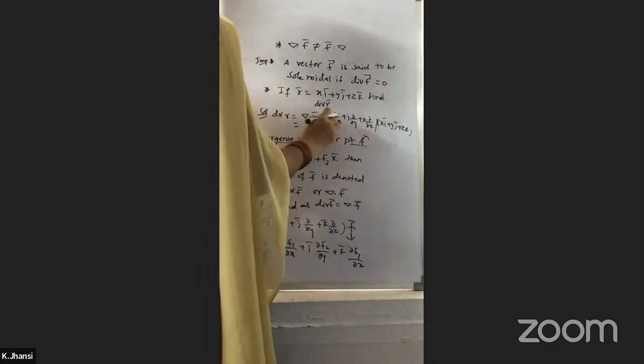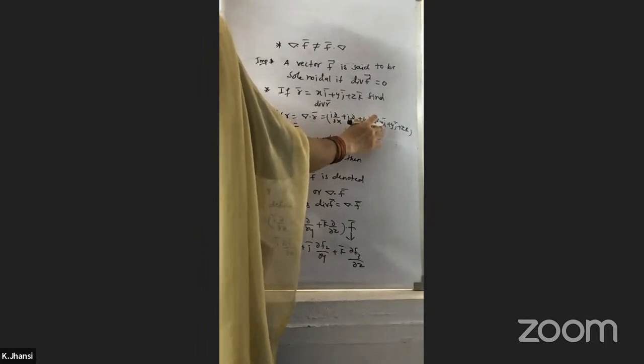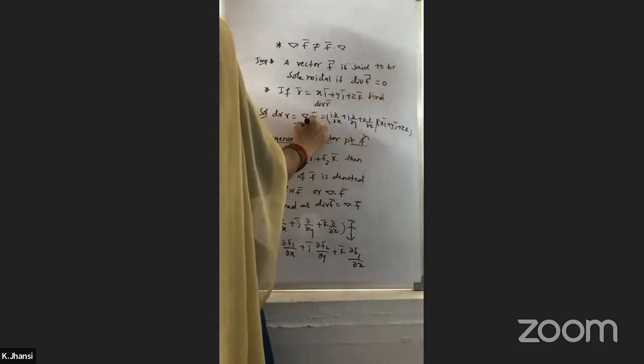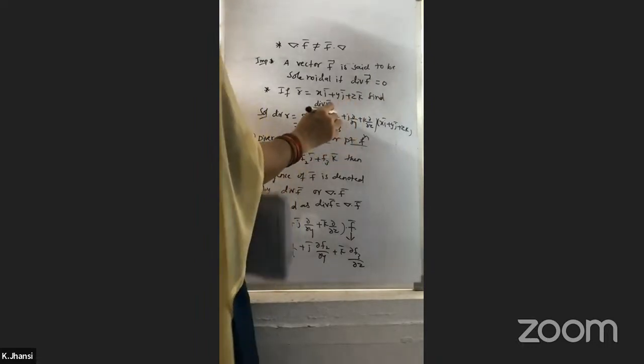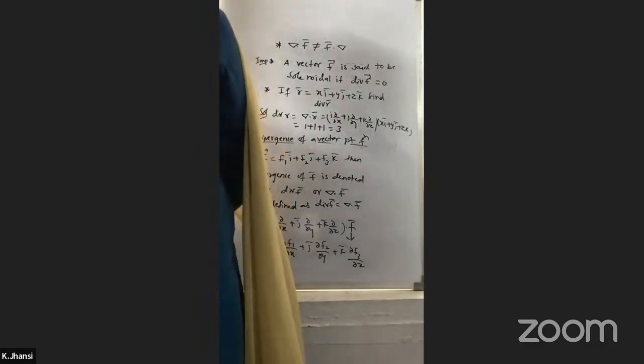So what do we get? X differentiation is 1, y differentiation is 1, z differentiation is 1. So we get a scalar value when we differentiate, the divergence of any vector.